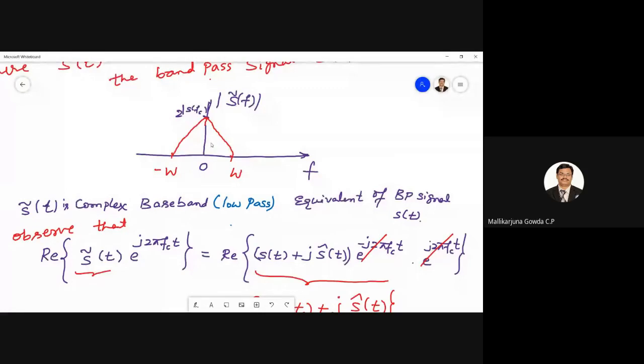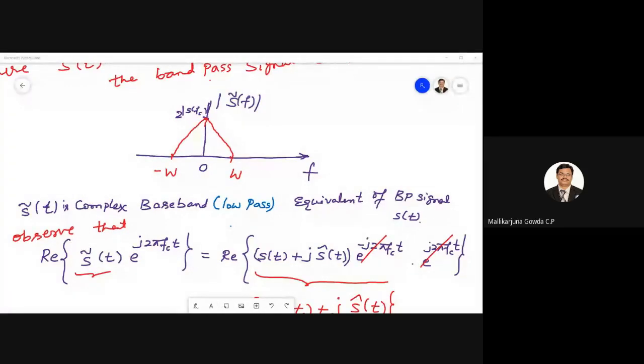What about others? Manusri, could you catch my point, what I said? Can you repeat what I said? Can you tell the essence of mapping this band pass signal into its equivalent complex low pass signal?